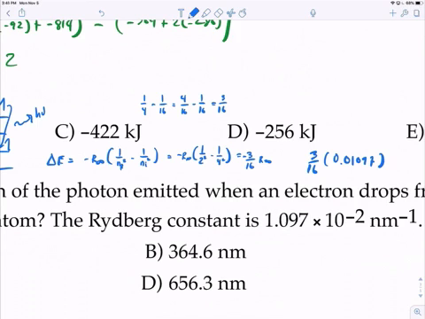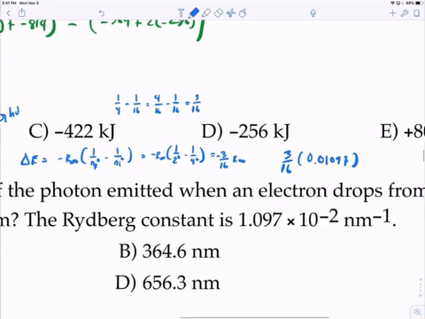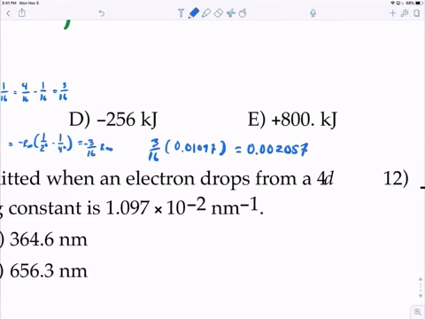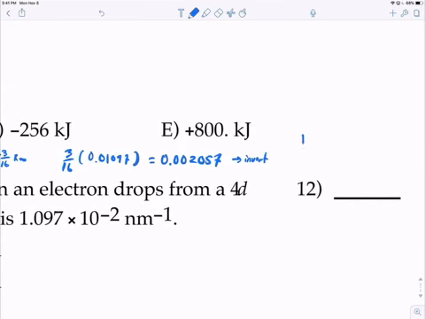So 3 divided by 16 times 0.01097, and you get 0.002057. Now you have to invert this: 1 over 0.002057.